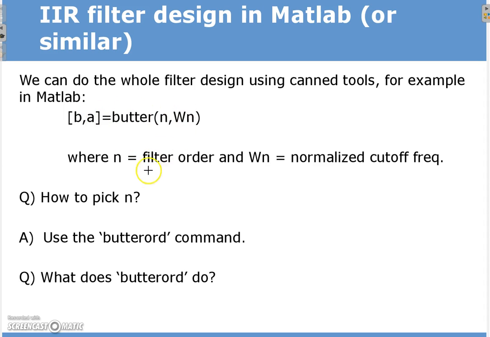Okay, so this is great. You use this in the MATLAB project, and one question is, how do you pick n? The answer is there's another command you can do, which is called buttord, that'll figure out for a Butterworth filter what n you should use. So the question is, what is that doing? That's what we'll look at now.